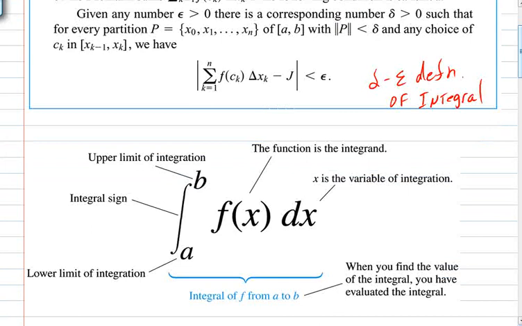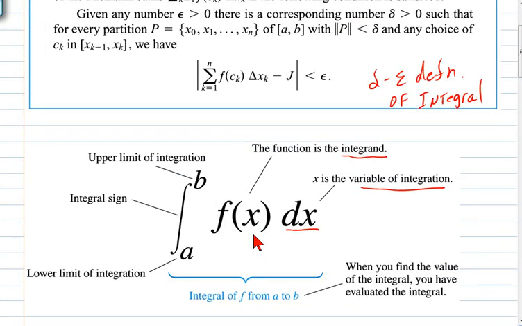F of x is the function that's part of the integrand. The integrand is what you're integrating. Just getting the vocabulary down. You need to become familiar with the vocabulary. This dx tells you your variable of integration. You say, well, if x is the only variable in the function, don't we know we're taking the derivative with respect to x? When we do baby integrals, yes.